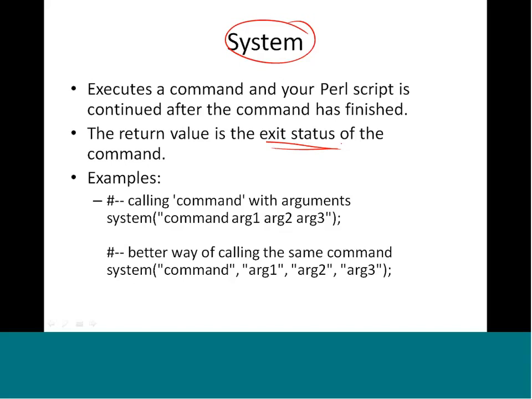That's simply not possible with the system command. Here the example for using the system command is the command with arguments within double quotes inside the parentheses. And a better way is enclosing command, arg1, arg2, arg3, each as its own string, so that it's better for the system to see it and run the command.